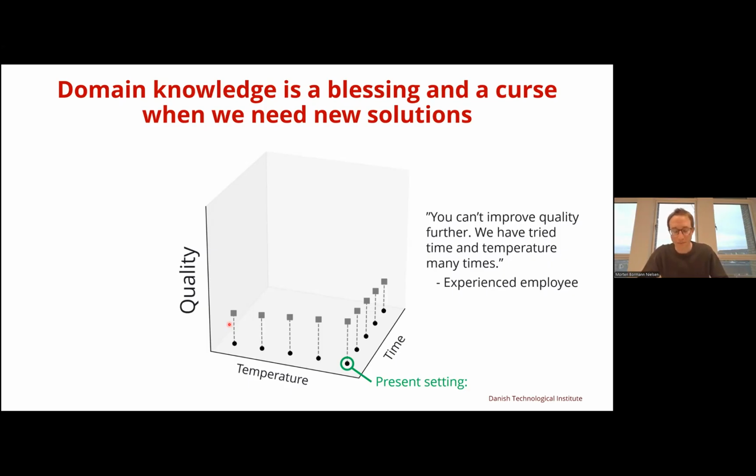But as people who know classical design of experiments or are used to data-driven techniques will know, what they've missed by working with one factor at a time is that these things are synergistic. So you have to change both temperature and time to get a good result.